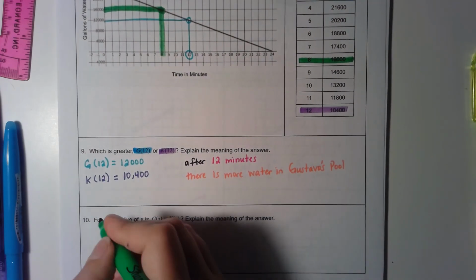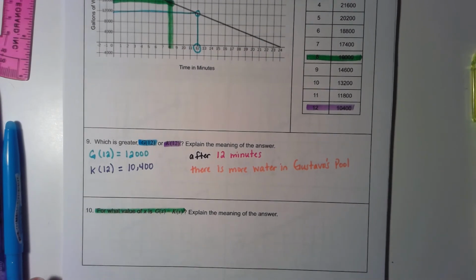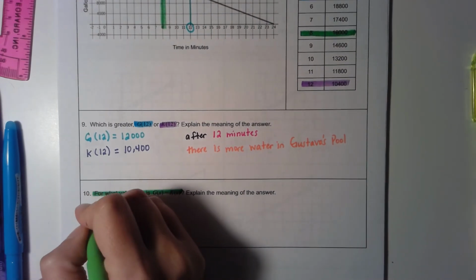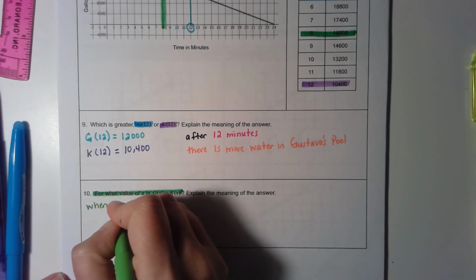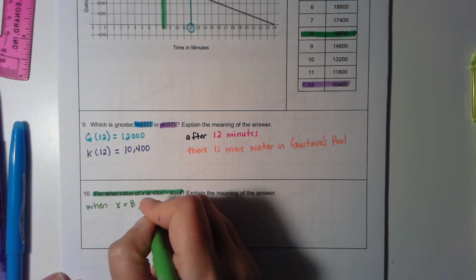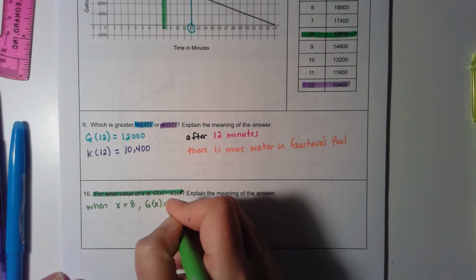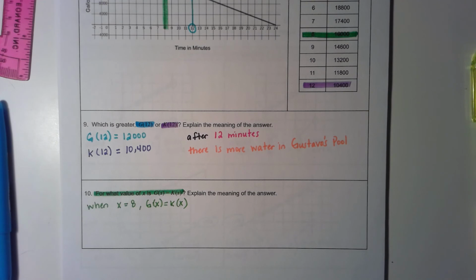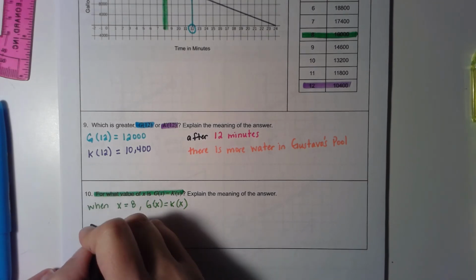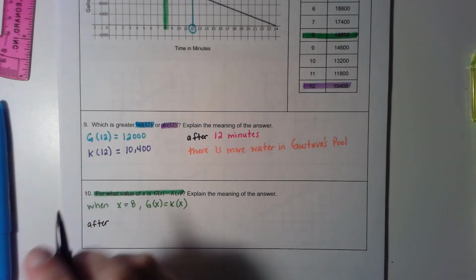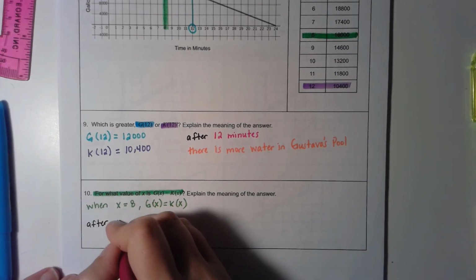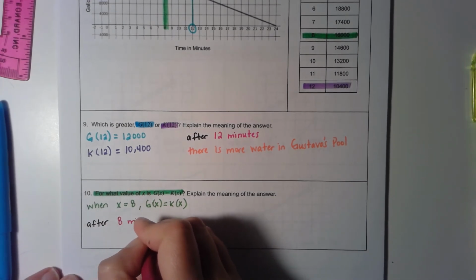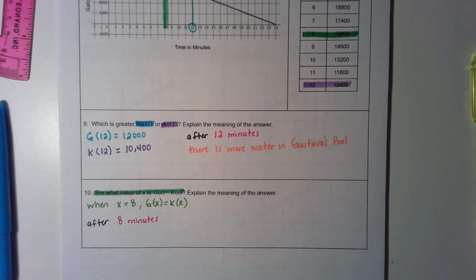So the first part of the question is, for what value of x is g of x equal to k of x? So we would say when x is equal to 8, g of x is equal to k of x. They're both worth 16,000. What does that mean? Well, if those two have the same 16,000 at 8, then that means after 8 minutes, what does it mean to be equal?